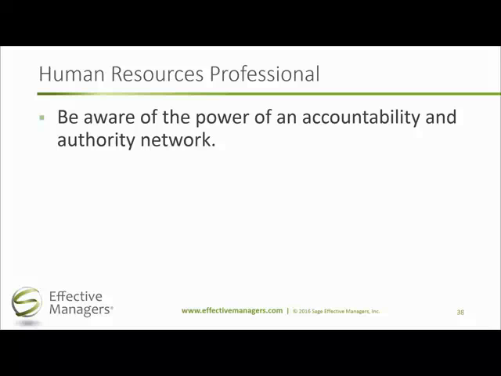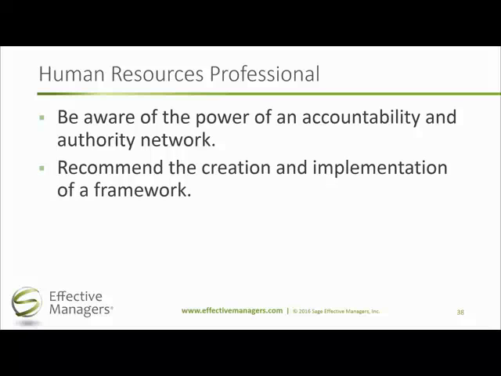So managing up would be a good way of doing that. And the managing up is recommending the creation and implementation of a framework, and the effective point of accountability is the framework that I recommend. We've developed that extensively over a long period of time and have now been implementing it successfully in organizations.